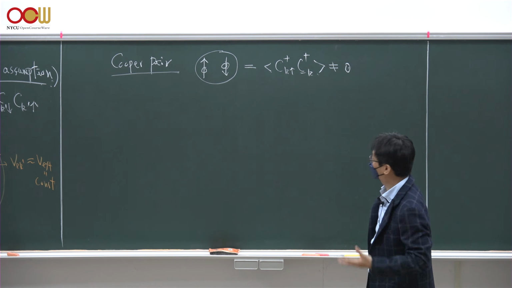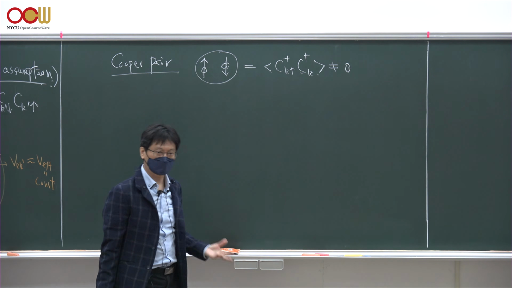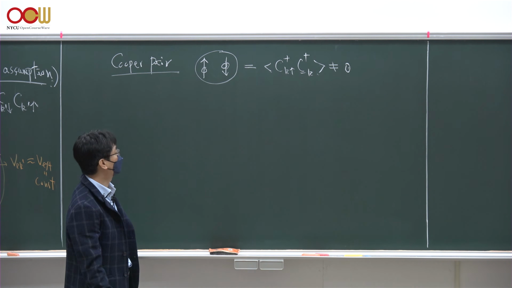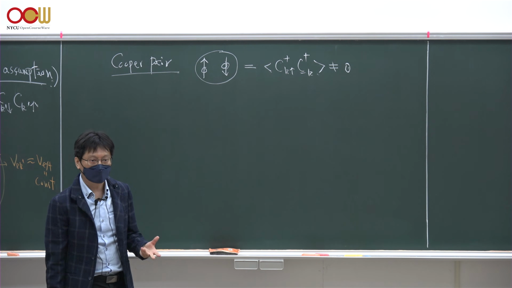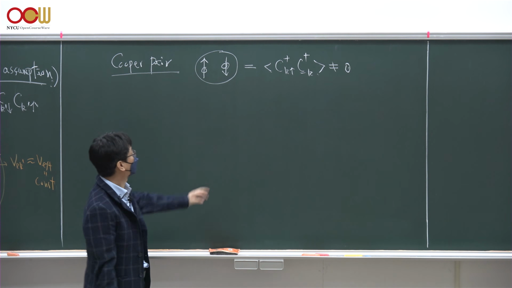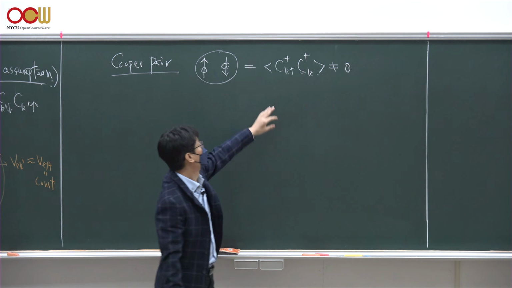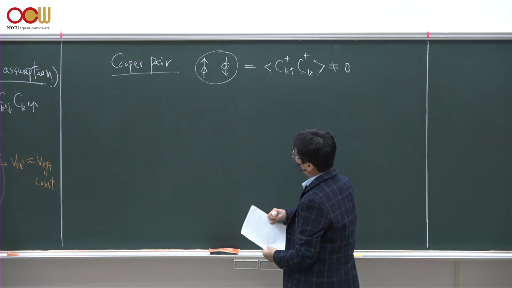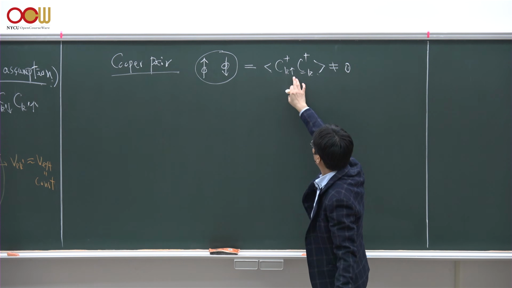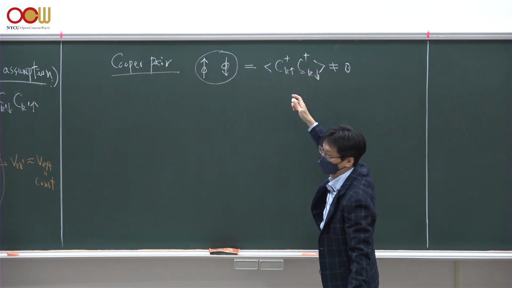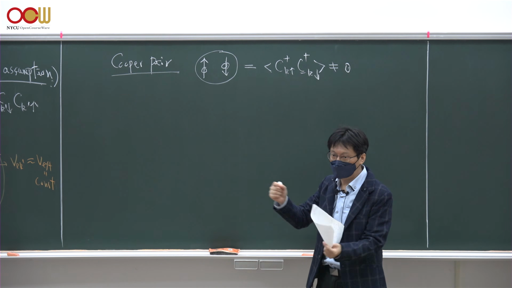I could expect that this expectation value is finite, indicating that these two electrons can be created or destroyed simultaneously. This quantity is non-zero, which means that these electrons across the Fermi surface, carrying k up and minus k down, form a pair and are related to each other.